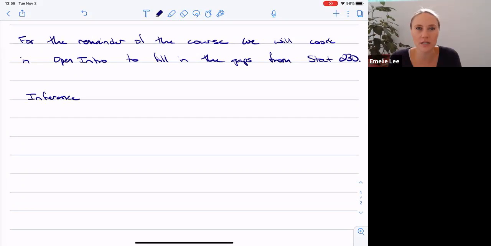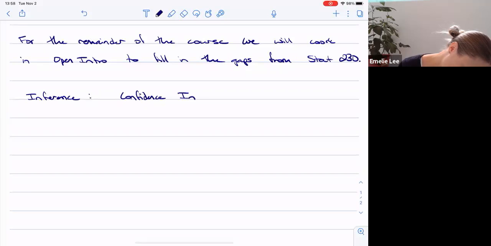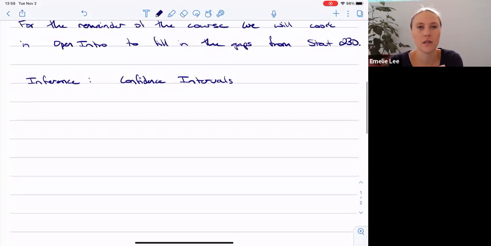Okay, so not necessarily a review, but an overview is that inference can either be confidence intervals. That's when we're looking for a reasonable range for the parameter that we're trying to estimate.